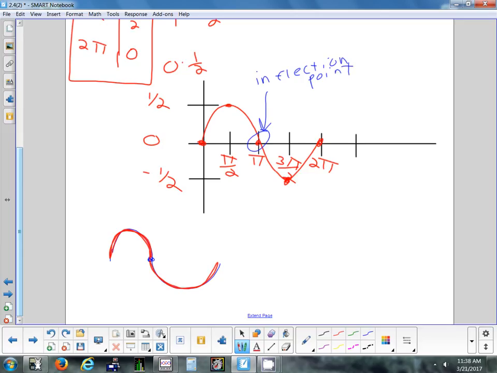So what's happening at that point is the curvature of the graph is changing. It's going from concave down, or opening down, and switching to concave up. It's opening up. And when you go into the next section, it does the same thing again right here. It's switching from concave up back to concave down, and then back to concave up. So what's happening right at that point is a switch in what they call concavity. That's a fancy name for that point. Any questions on that?